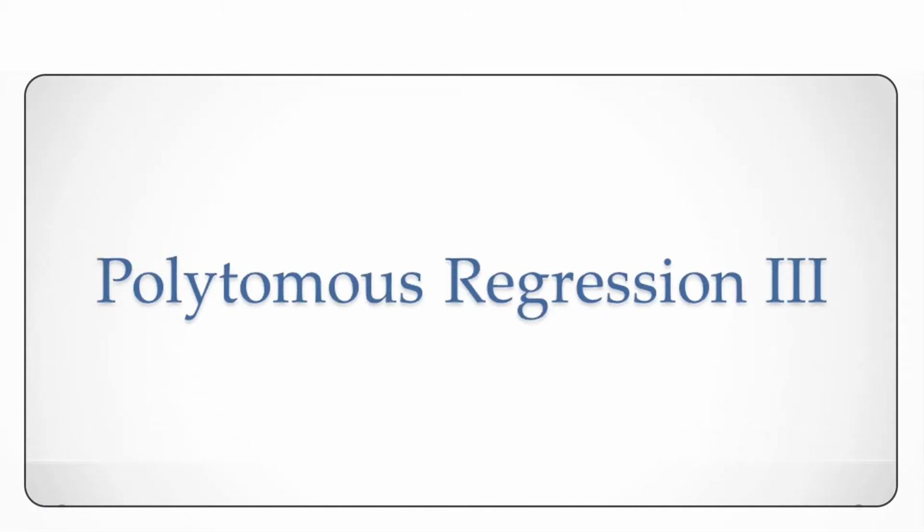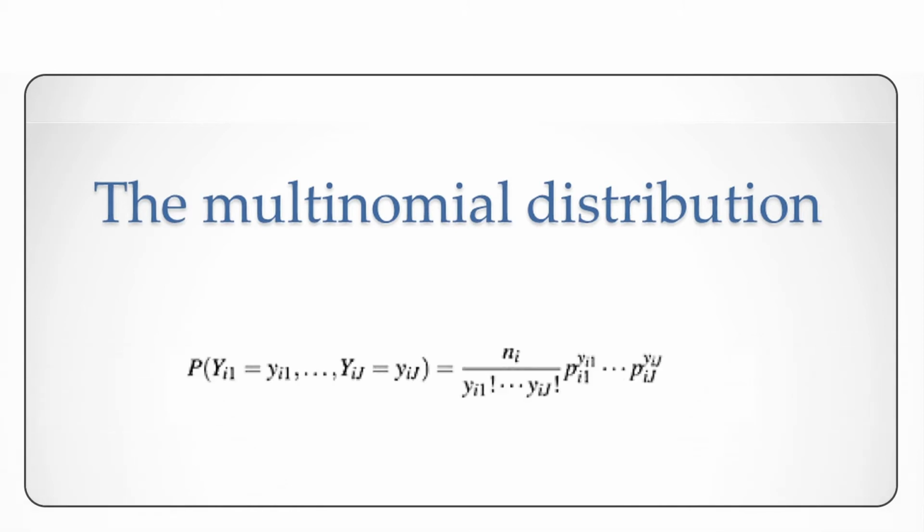Polytomous regression, a recap. Polytomous regression is used when we have an outcome whose distribution is specified by the multinomial distribution. So we have a group of, say, m individuals, and for the ith individual, probability of yi1 equal to yi1 to yiJ equal to yiJ is ni by yi1 factorial to yiJ factorial times pi1 to the power yi1 up to piJ to the power yiJ.